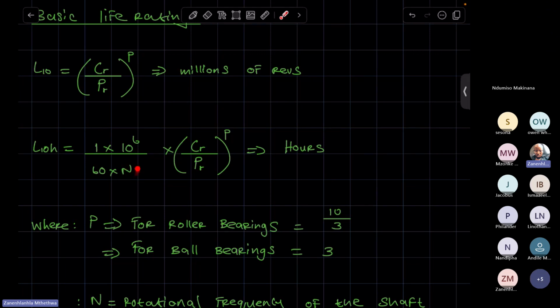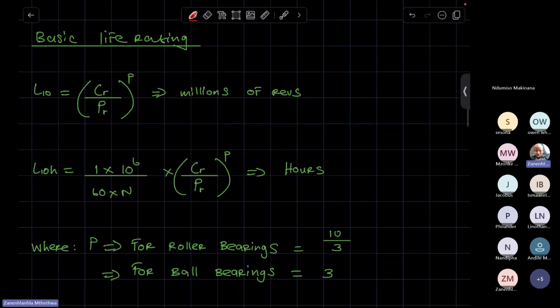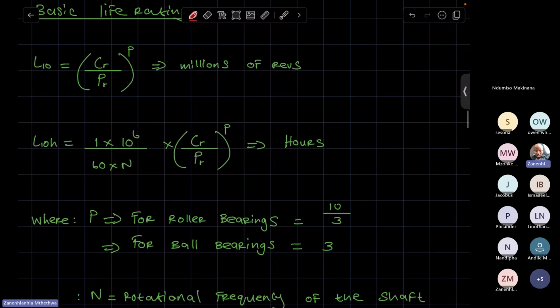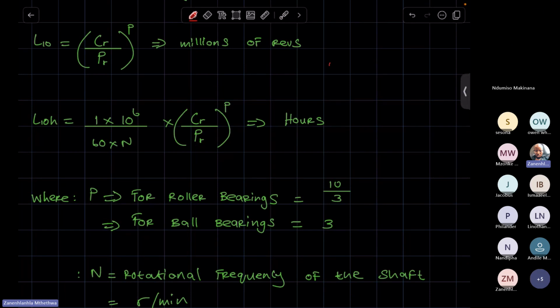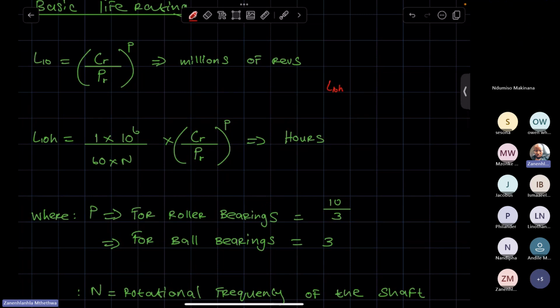This N, the rotational frequency of the shaft, you substitute in revs per minute, right? Then times, essentially, the reason why I was saying you use this in one formula is because L10H, the basic life rating in hours, is essentially equal to 1 times 10 to the 6 divided by 60 times N, times L10.